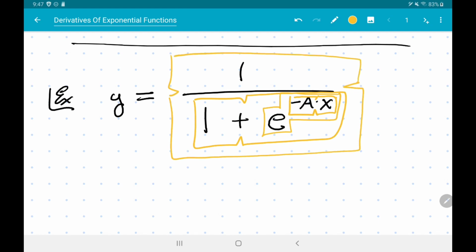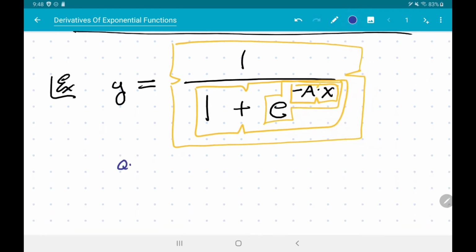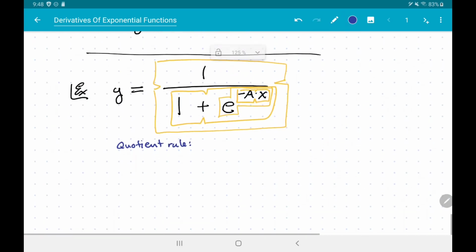So that means that, yes, we will have to deal with the exponential rule sooner or later, but we don't start with it. What rule should we start with? Yeah, we should start with the quotient rule. Now, there are other ways to do this, but the quotient rule has the advantage that what we get at the end is already over a denominator.